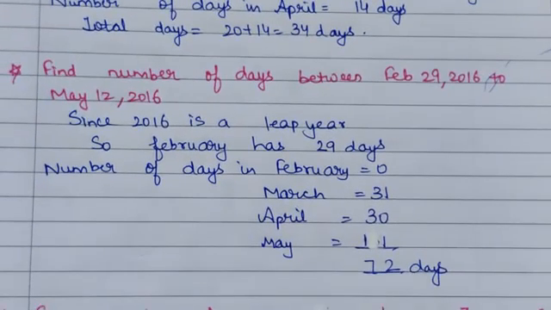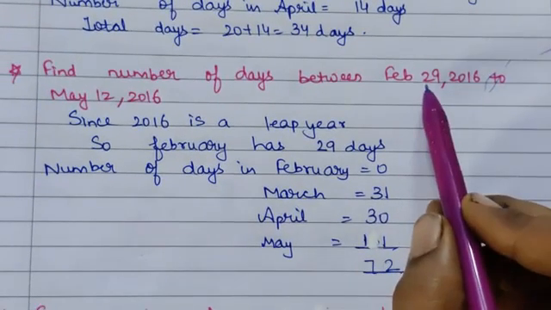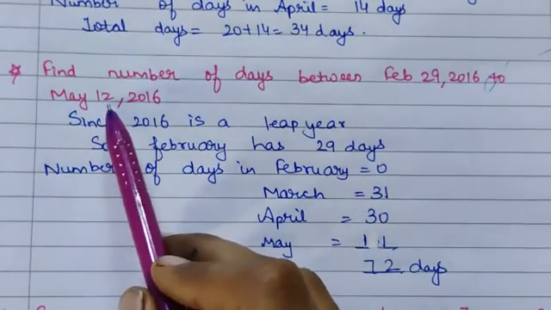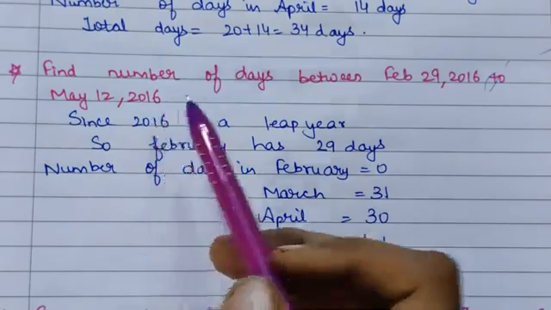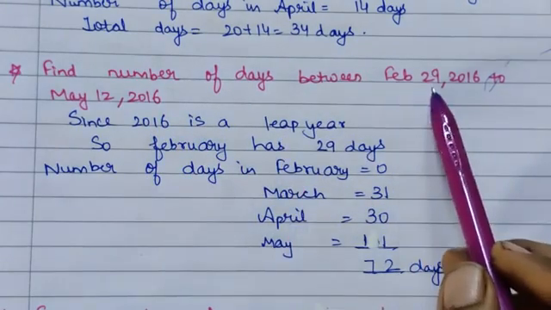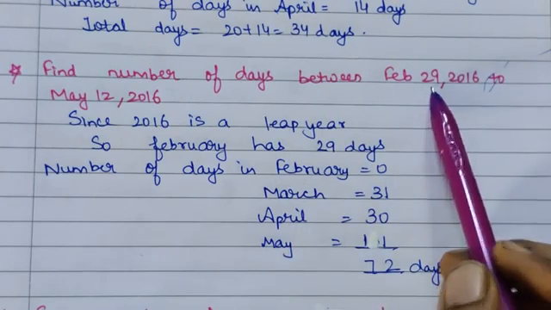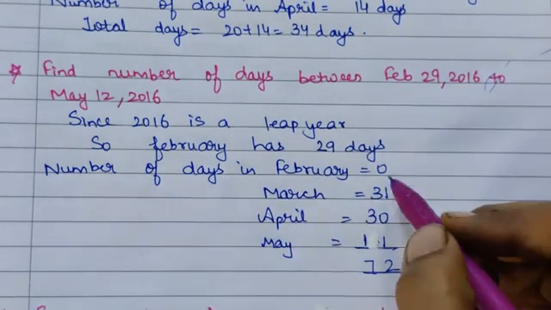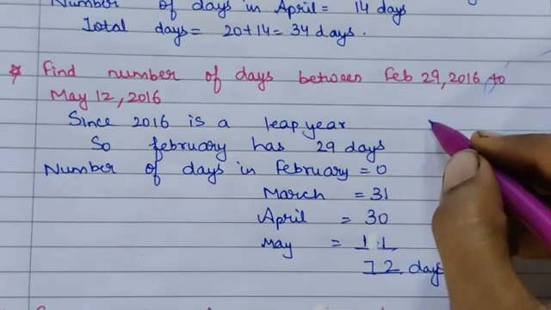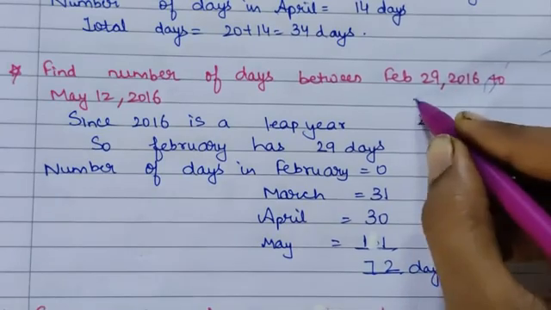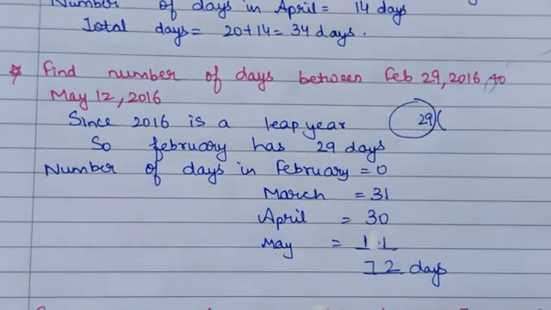Find the number of days between 29 February 2016 and May 12, 2016. 2016 is a leap year, so February has 29 days. Now the number of days in February will be 0, because we have to take the days in between 29, means these days are not included.